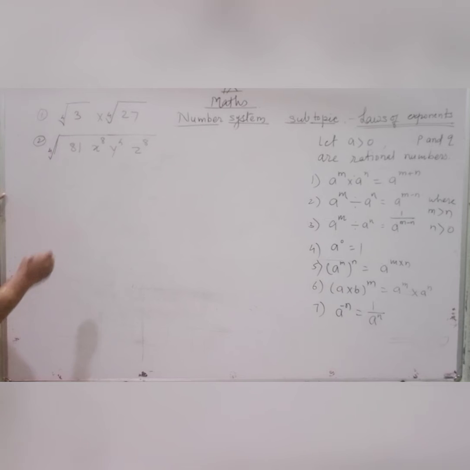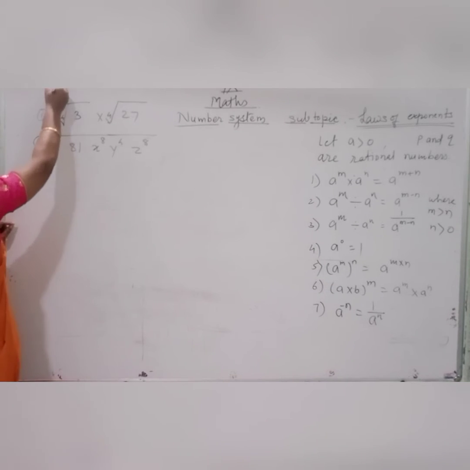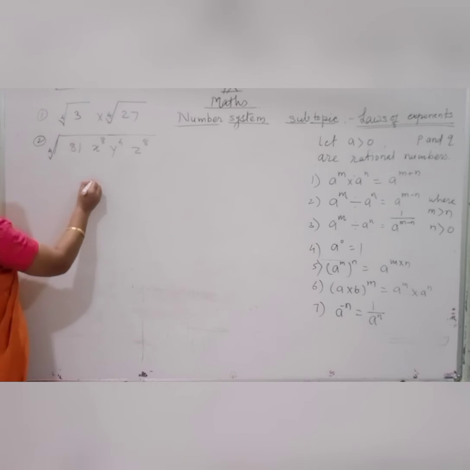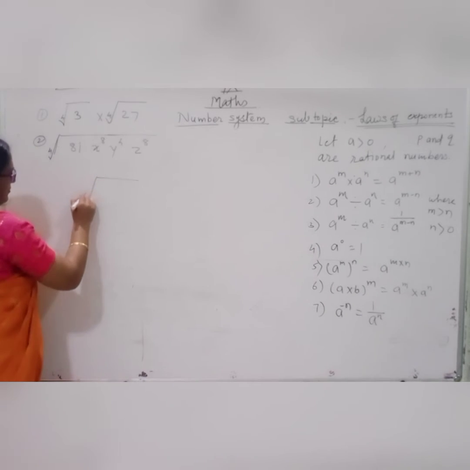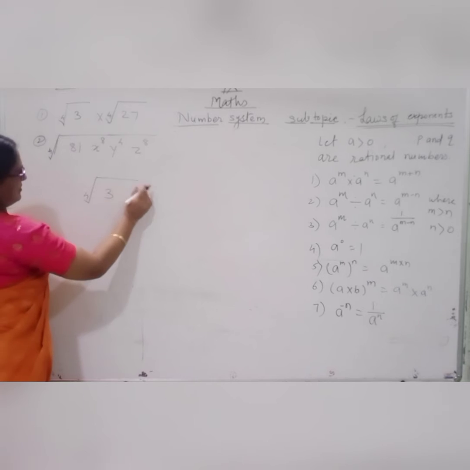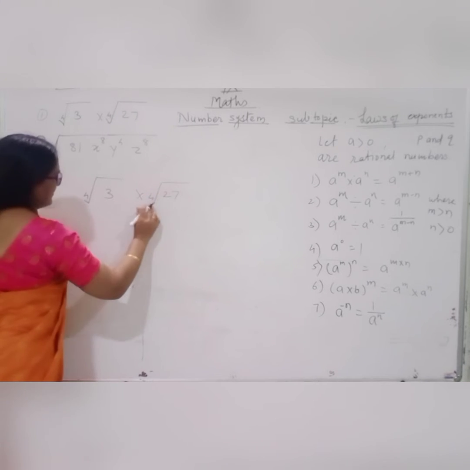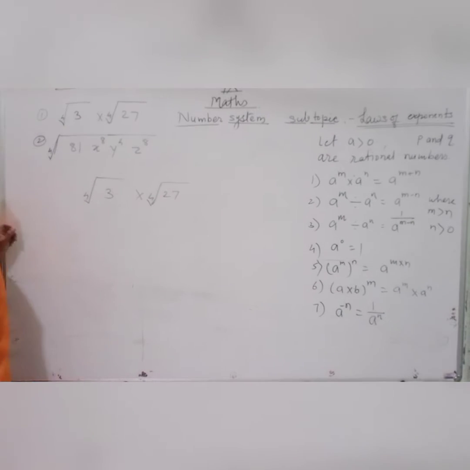Now we are taking some different examples. Okay, example 1. What is 4th root of 3 multiplied by 4th root of 27? Understood?